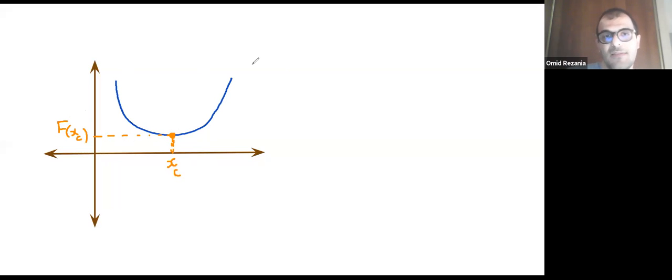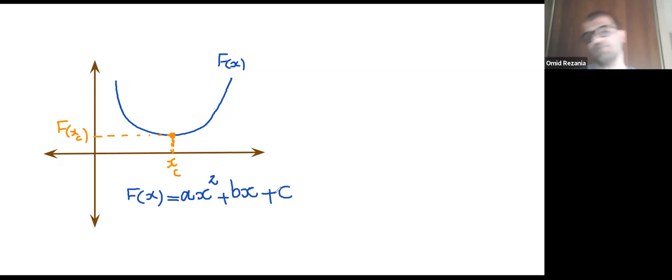And this curve itself is f(x), which in our case is a quadratic function. A general format can be written as ax² + bx + c. What can a, b, and c represent? They represent real numbers, the coefficients of our second-degree polynomial.